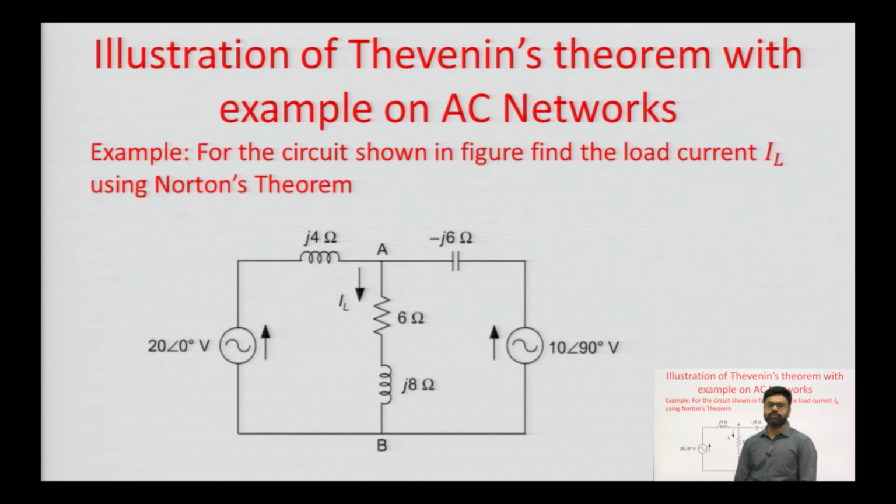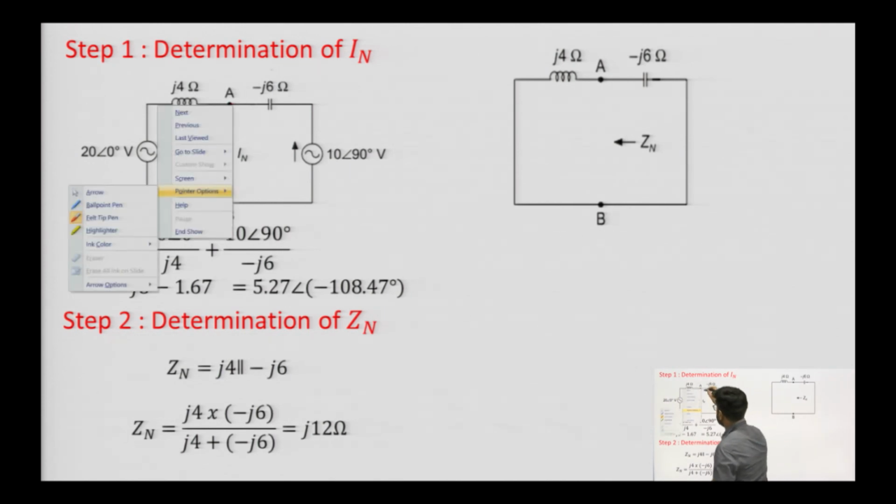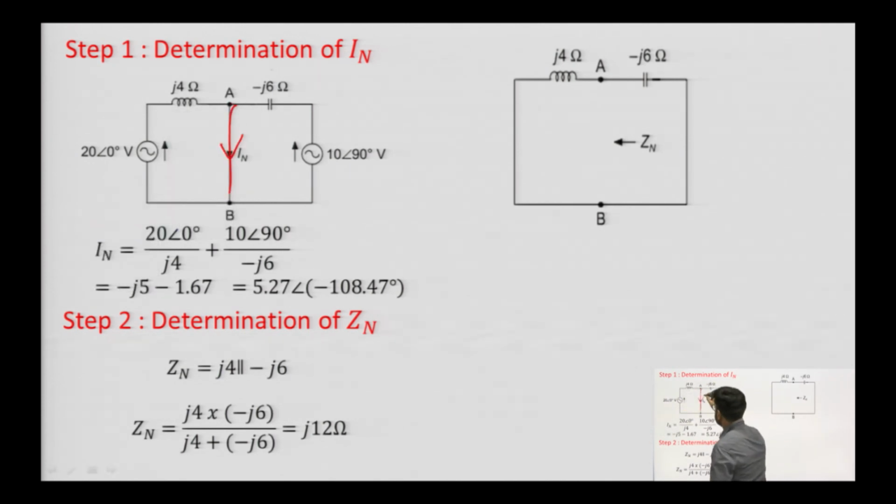Now, we will see one example on AC network, how we will solve in case of AC. In this we need to find out current IL. So, again to find out the current IL, first we will short circuit it. We have found out IN. IN will be equal to 20 at an angle of 0 divided by j4, the current produced by this, plus the current produced by this.